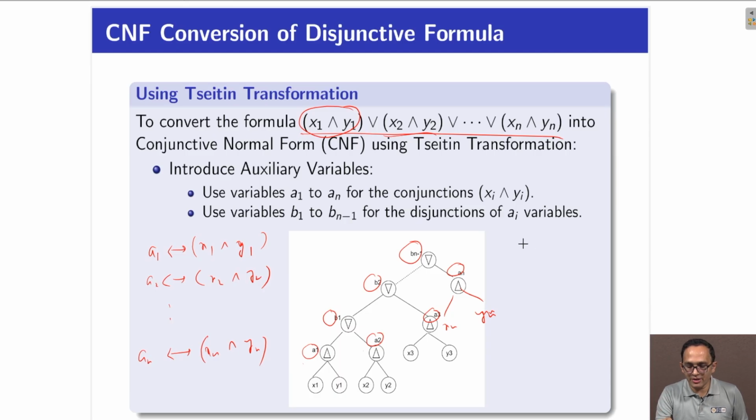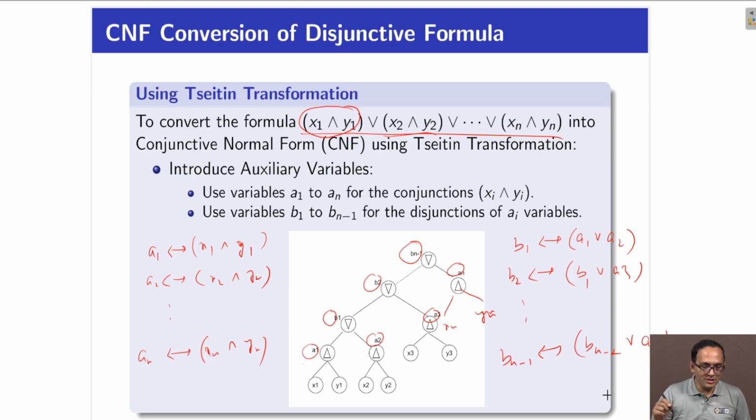Similarly, for the OR operators I will get B1 implies A1 or A2, and then for B2 I will get B1 or A3. This way I will get B n minus 1, which is B n minus 2 or An.